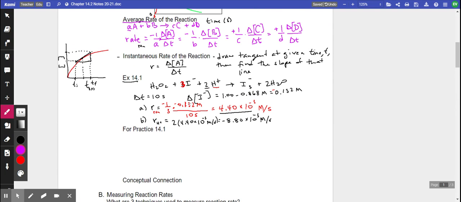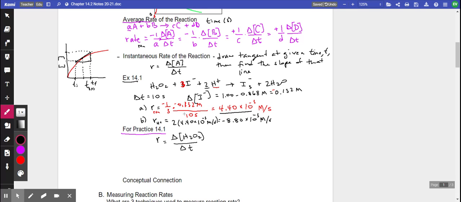Okay, up here, let's do the For Practice 14.1. Go ahead and try that one, and we'll go over it in a second. Okay, For Practice 14.1 says, for the reaction shown in the example, predict the rate of change in the concentration of H2O2, delta H2O2 over delta T. We want that rate.